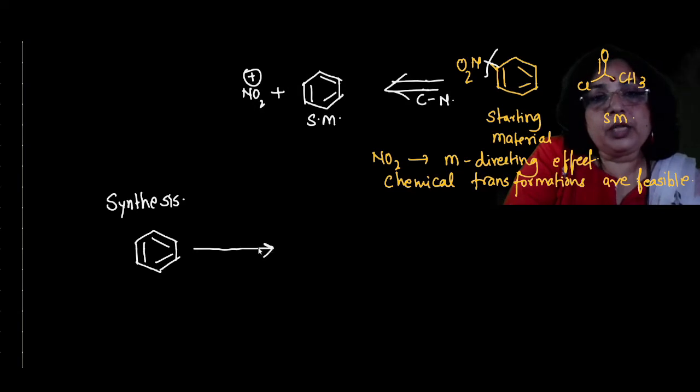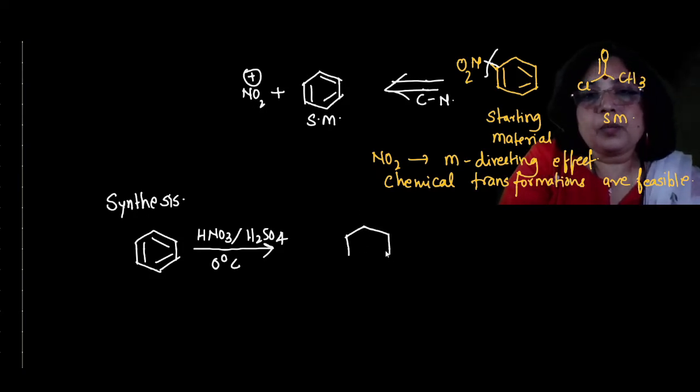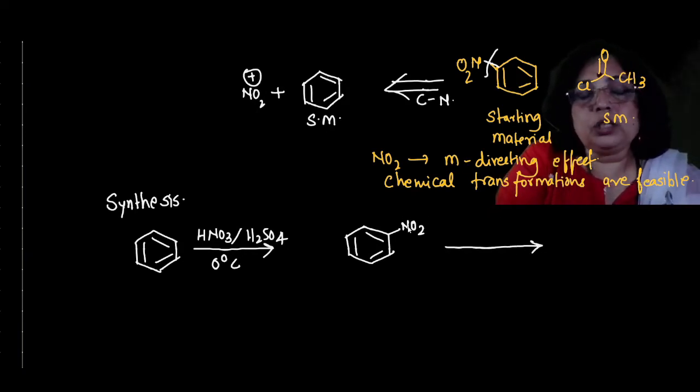With the benzene, the reagent is the nitrating mixture, keeping the temperature at 0 degrees Celsius, and you will get the nitration. Then what is the role of this NO2? What is the nature or pattern? This is a meta-director.